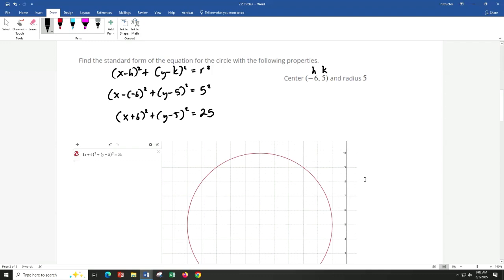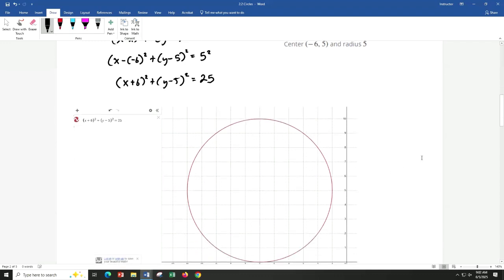And then, of course, notice here, I graphed it in Desmos. We have a center right here, a coordinate point of -6, 5.